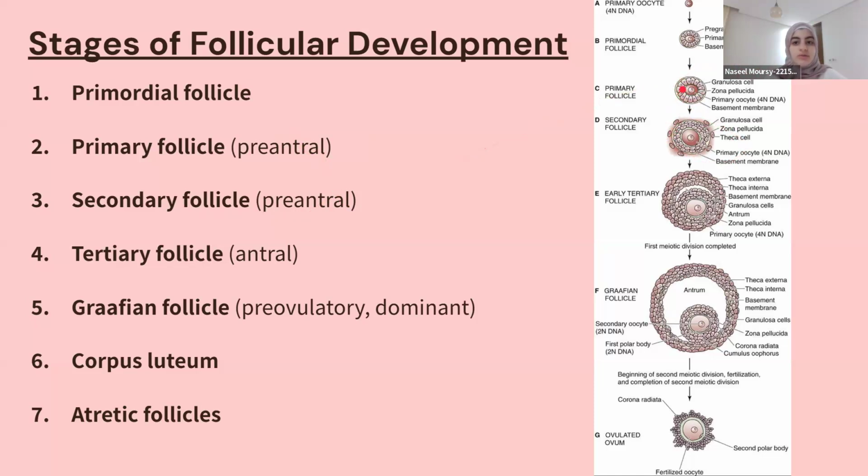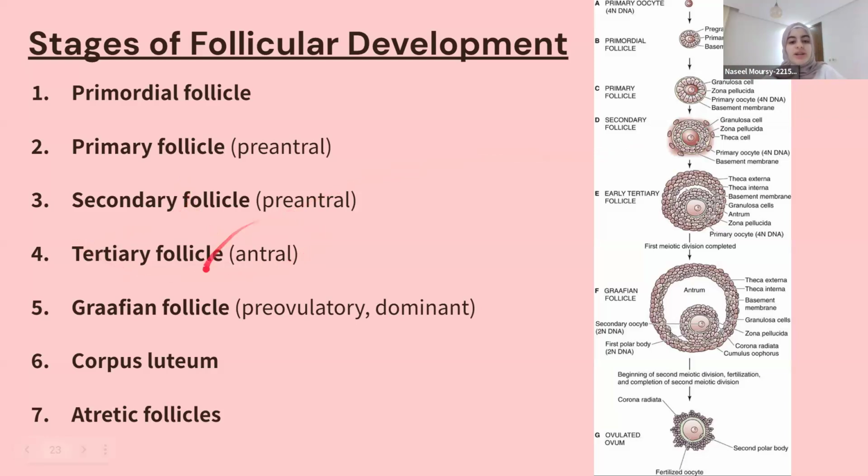Primary follicle is different from the primordial follicle because its layer of simple squamous cells is now simple cuboidal. So instead of being flat, the cells plump up. And then the secondary follicle is basically when these granulosa cells start proliferating in number and forming layers, and you start getting the thecal cells. Okay, we'll talk about each one in detail.